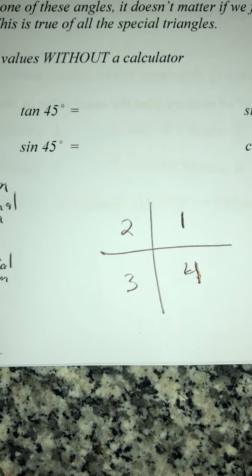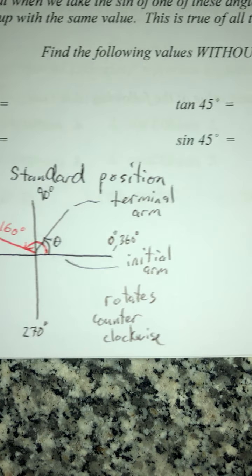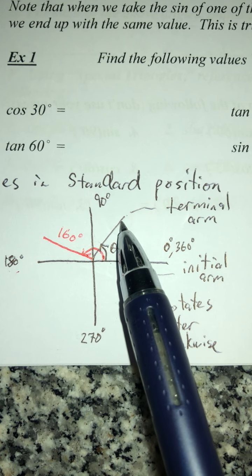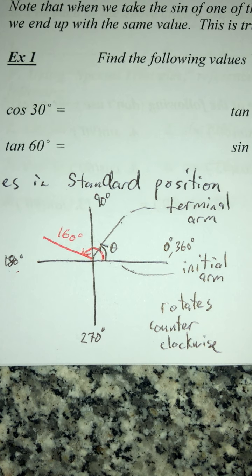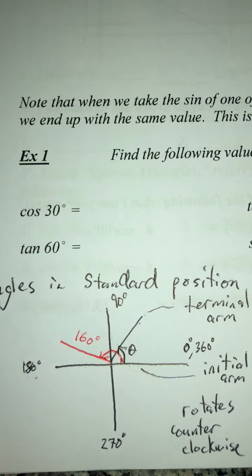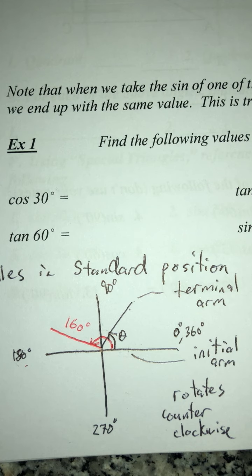So if I'm looking at what quadrant these terminate in, this one stopped in quadrant 1, this one stops in quadrant 2. So you'll be asked that as well. So that is this section. It's a little bit longer for this. That first part was some review, but that is chapter 1.